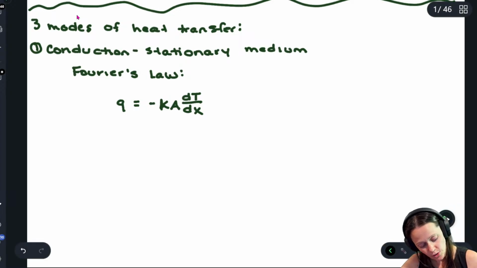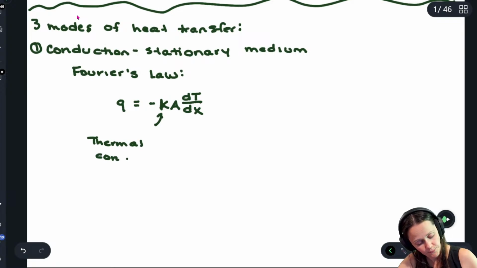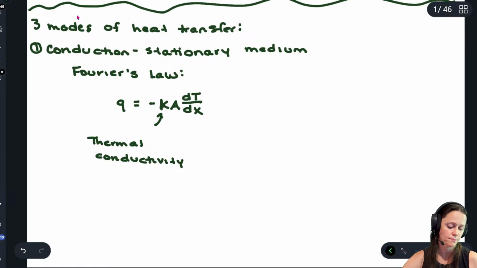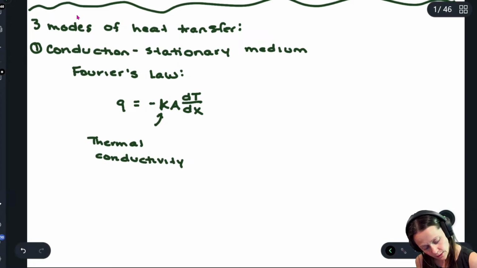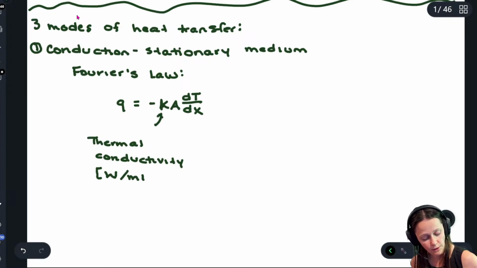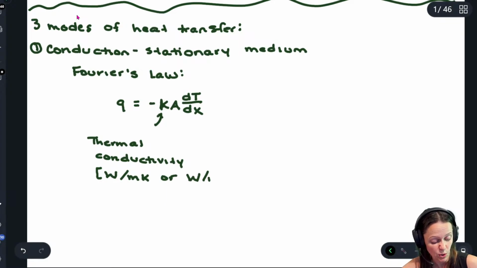K is our thermal conductivity, and its units are watts per meter Kelvin. You can also put this in watts per meter degrees Celsius.